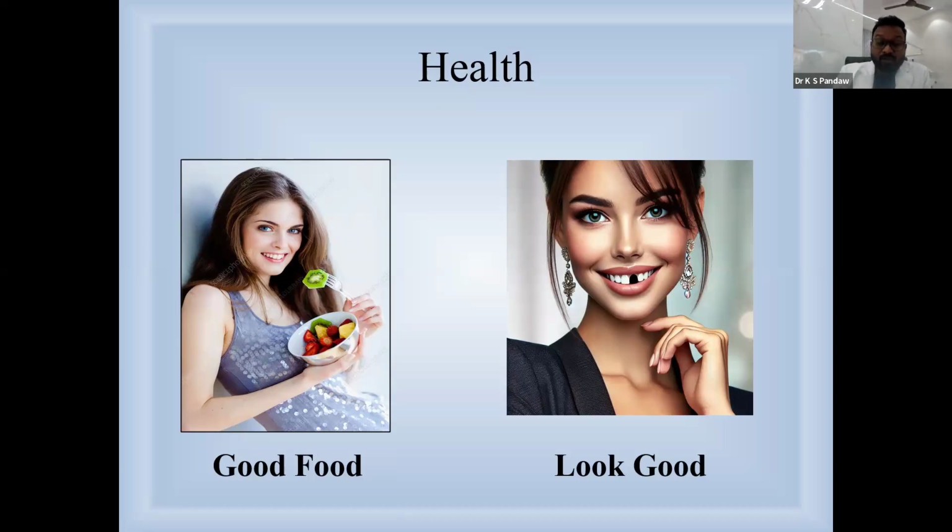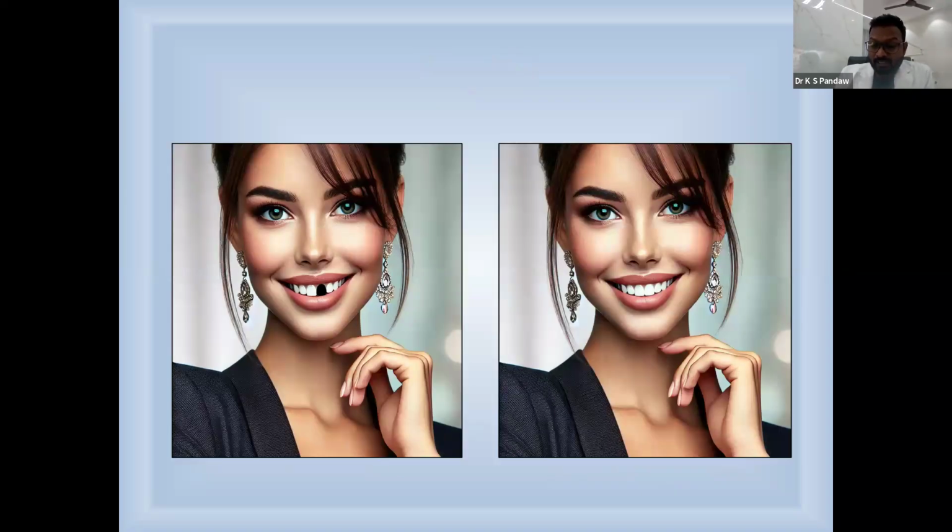Okay, and our teeth play a very important role in all of this, because if you don't have teeth, you can't taste your food, and without teeth you can look like this. Okay, so teeth can enhance your aesthetic value also, so they are very important for overall health.